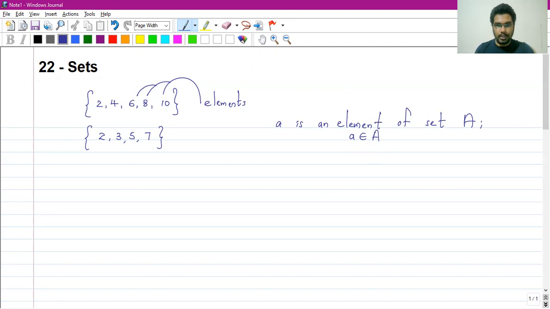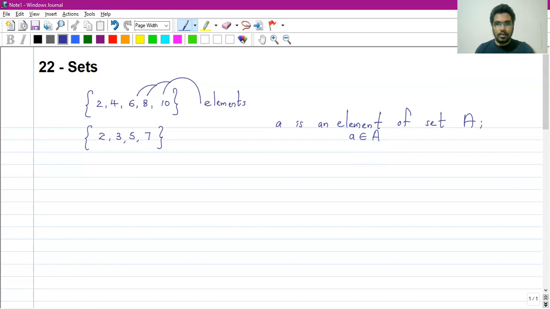So this means simple A is an element of set capital A. Again, I will repeat it: simple A is an element which belongs to the set capital A. We can denote it this way.